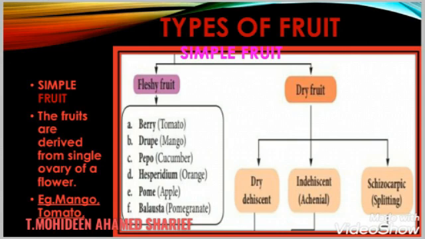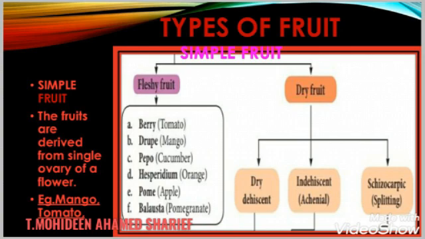Next we will see about the dry fruit. So dry fruits are of three types: dry dehiscent, indehiscent and schizocarpic. In dry dehiscent comes follicle, legume, siliqua, and capsule: septicidal, loculicidal and poricidal.